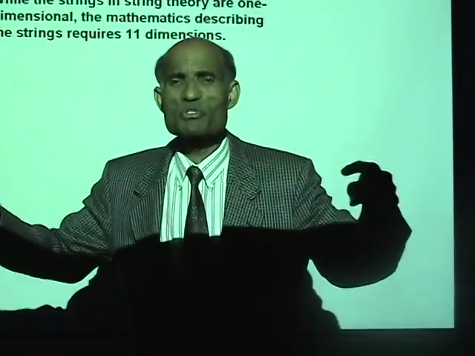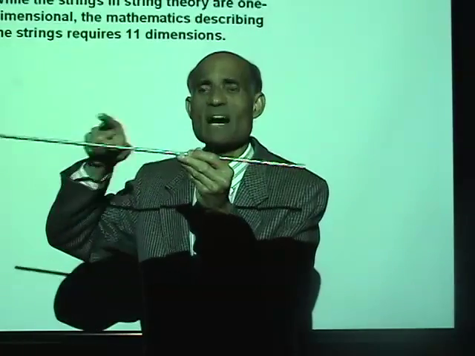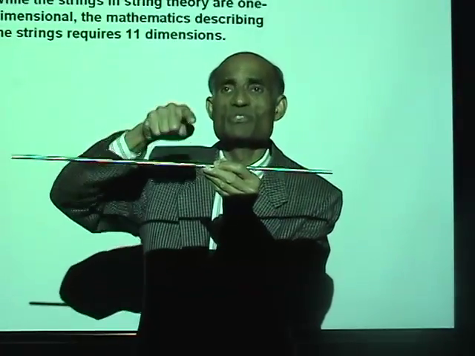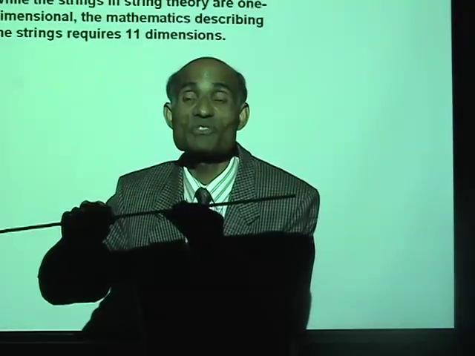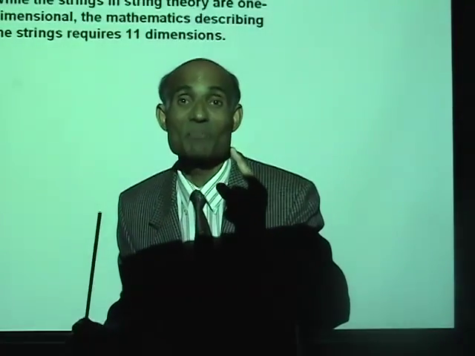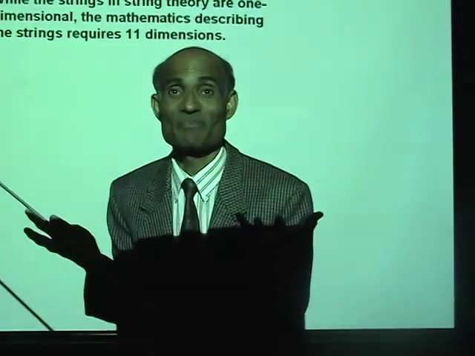Now, how many dimensions are we familiar with? You know that you got X direction, Y direction, Z direction. We got 3 spatial dimensions and 1 time dimension. So we are 4-dimensional people.